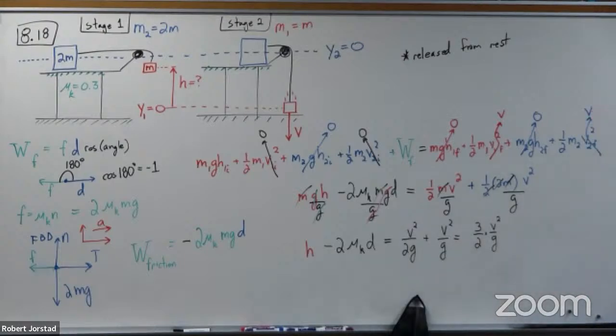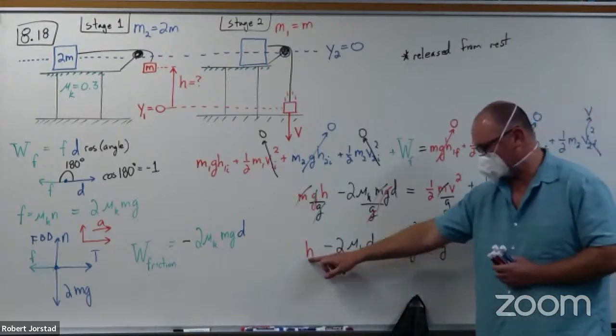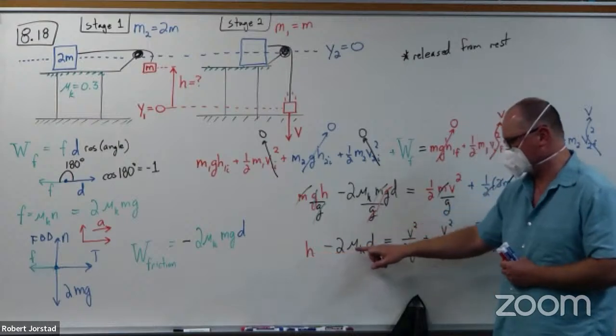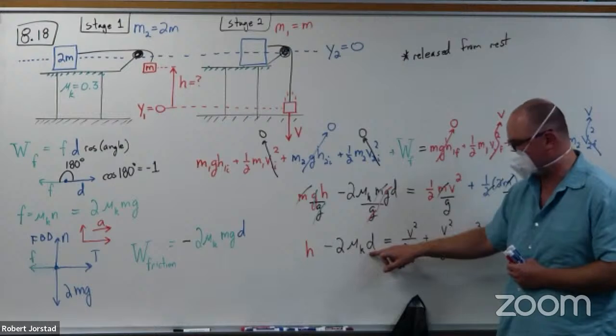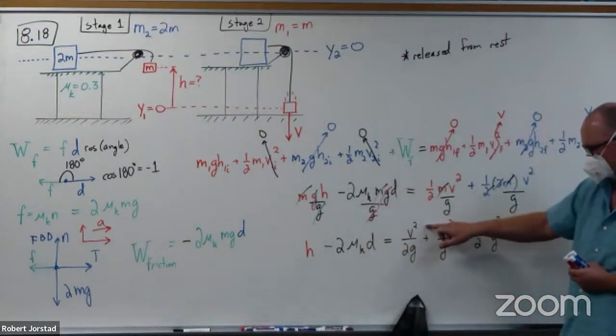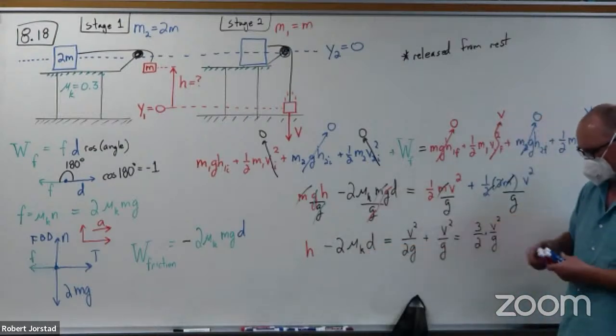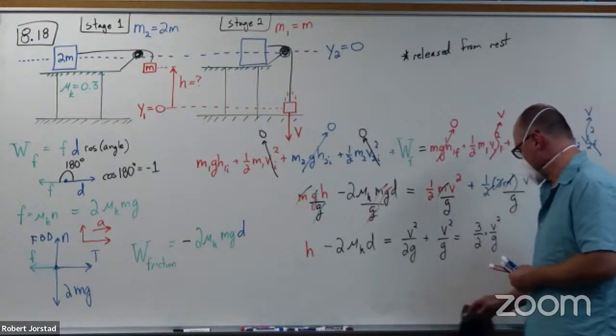What do you think? What's something I could do at this moment to check this answer is right before I keep going? Check the units. What are the units of H? Meters. What are the units of this? Mu is unitless times meters. Looking good. How about this? Oh boy, I've got to write this one out because I don't want to screw it up.